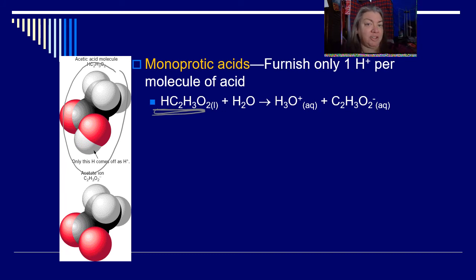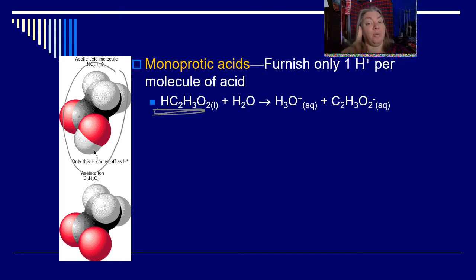It has the H in front, and then it has the C2H3O2. The C2H3O2 is the polyatomic ion. But there's only one hydrogen out front. So even though it has extra hydrogens, there's only one hydrogen that's available to be stolen by water to form the hydronium ion. So that's how we know that this is a monoprotic.